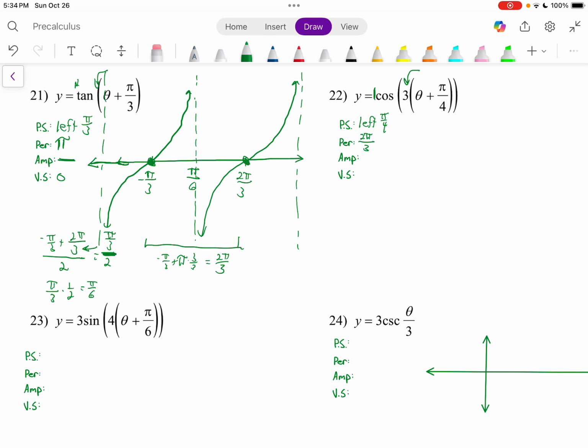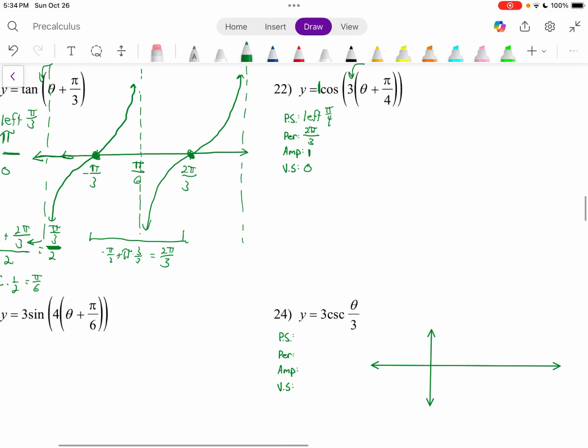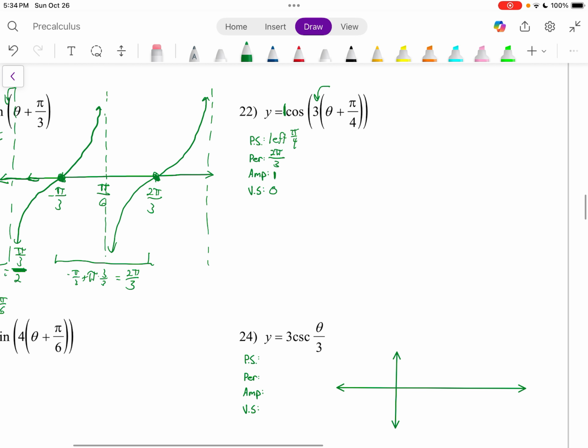Amplitude is what's out front multiplied by cosine, which is still just 1. And vertical shift is 0. And so when we graph this, again, this has a phase shift, so we're not going to put a y-axis in there yet. So we start at negative pi over 4.